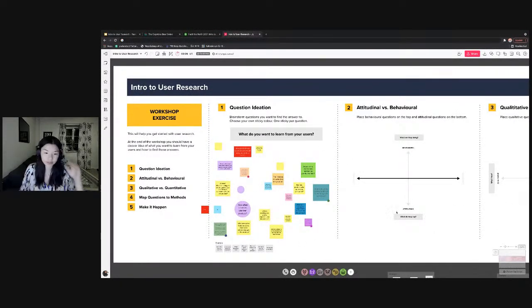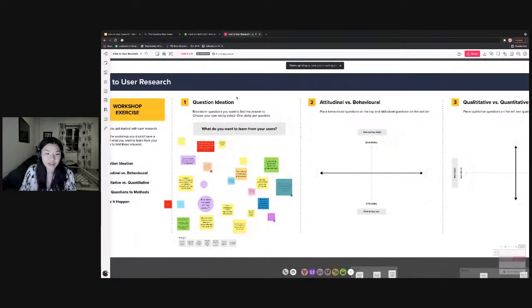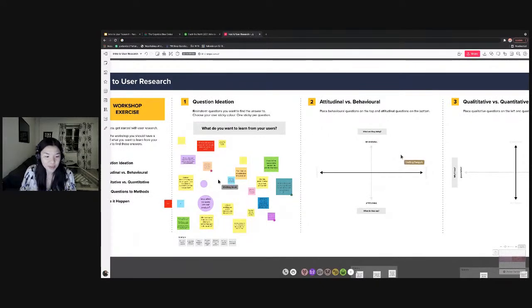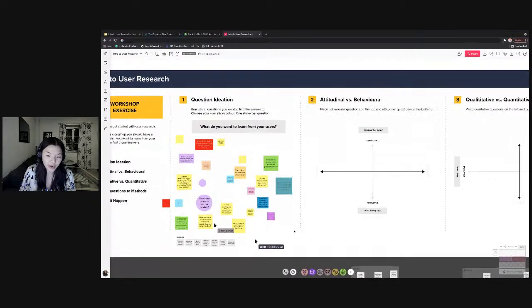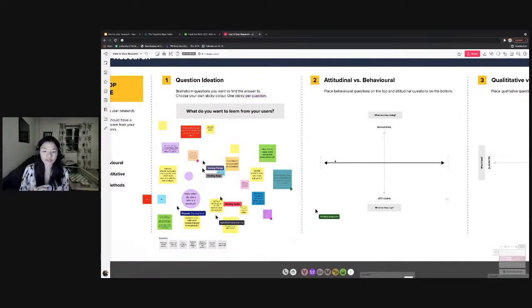Okay, it's starting to slow down. I think it's going to give us a nice little ping. There we go. All right. So now we're going to move on to the next step. If you take a look at the questions that you wrote down, what we're going to do now is think about whether this kind of question is about what they're doing, which is behavior, or if it's something that they say.